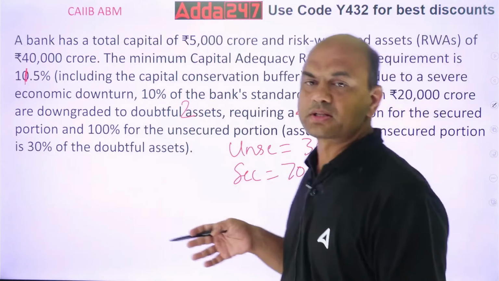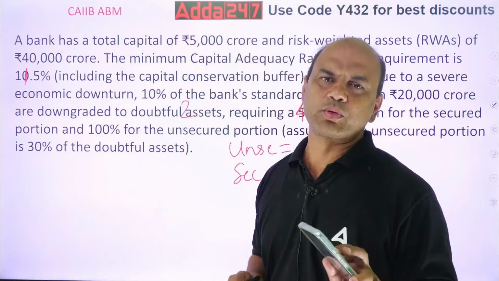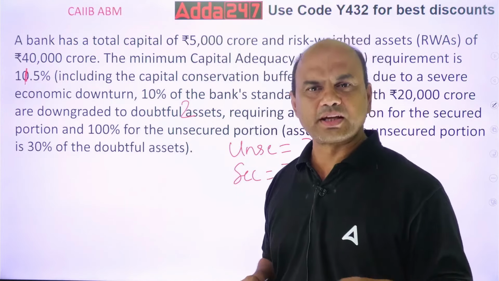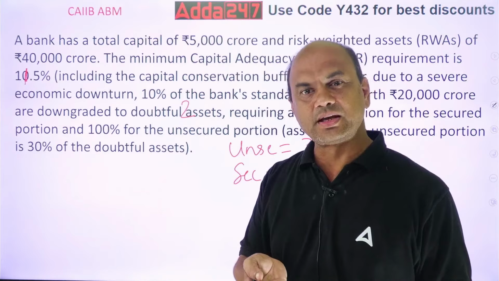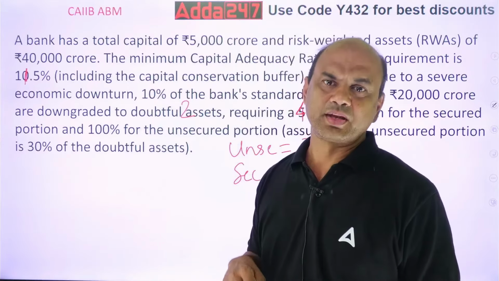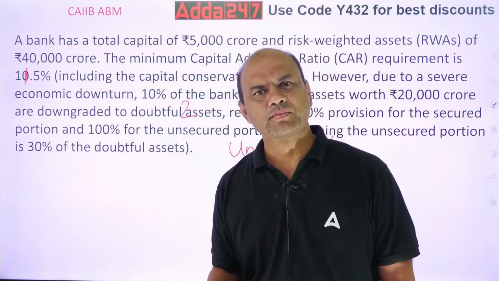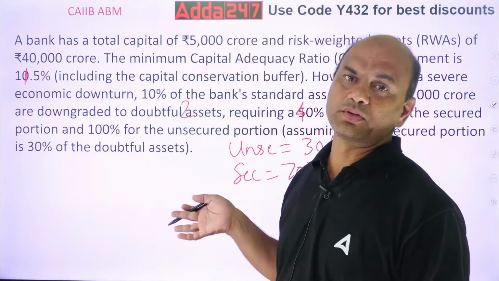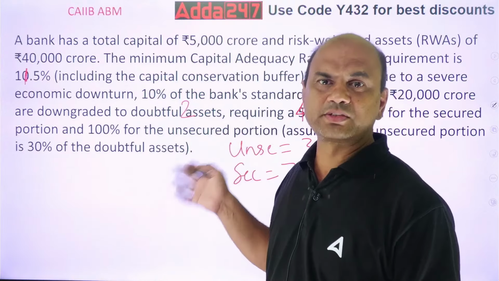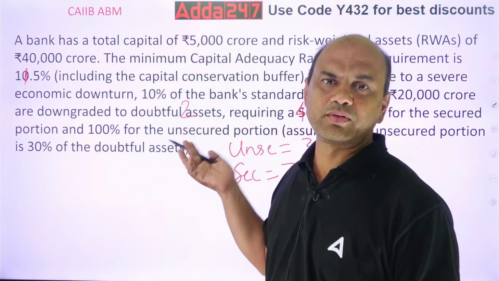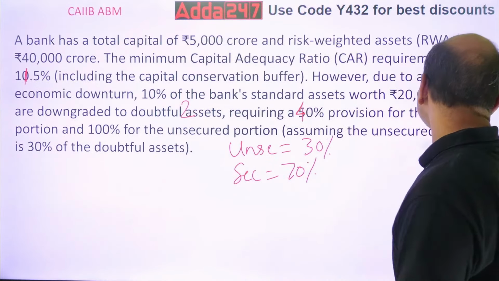Capital includes 4 parts: share capital, net profit, reserves and surplus, and revaluation reserves at 45%. Now nothing is given, only capital is given. No net profit, no reserves and surplus, no revaluation. So take capital only.